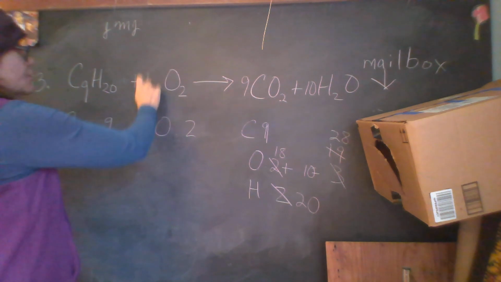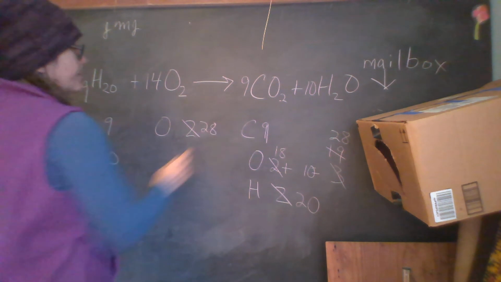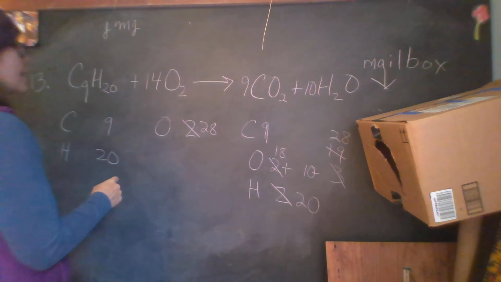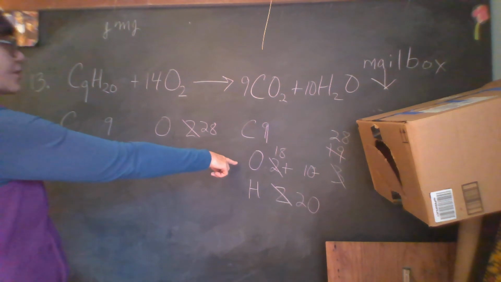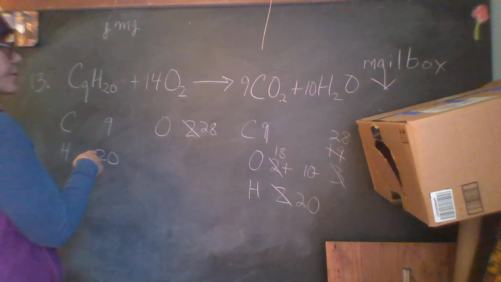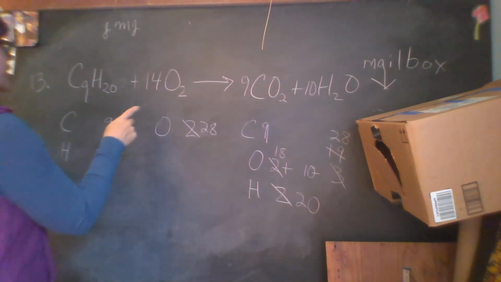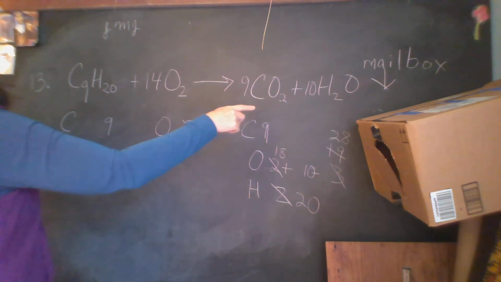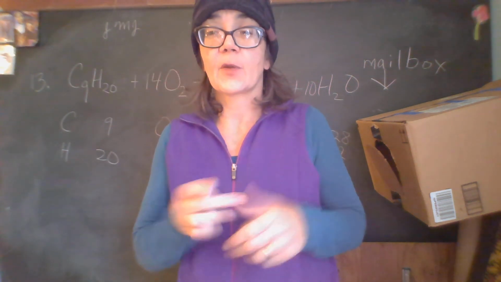I can turn this into 14. That will give me 28. I have the right number of hydrogen. I have the right number of oxygen. I have the right number of carbon. So this is the answer. C9H20 plus 14 O2 yields 9 CO2 plus 10 H2O. I'm going to pause the video here.